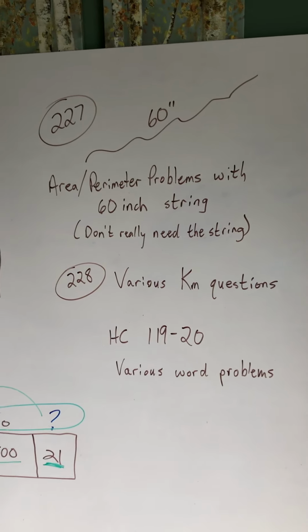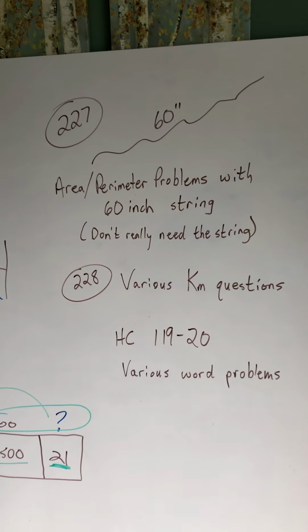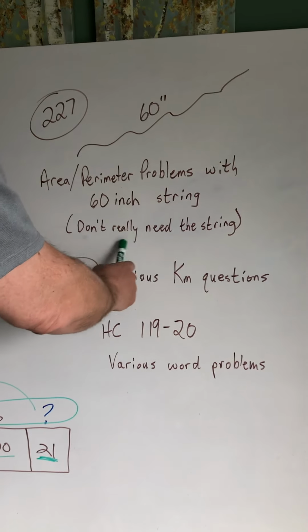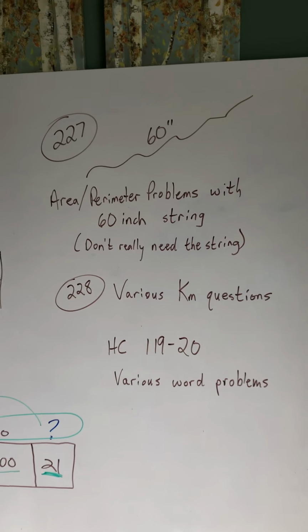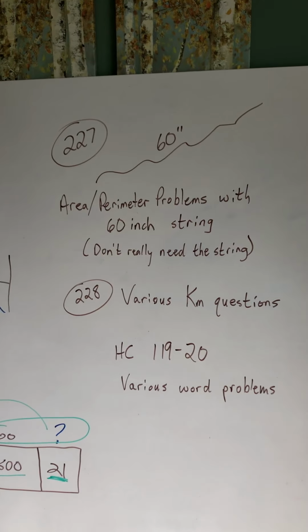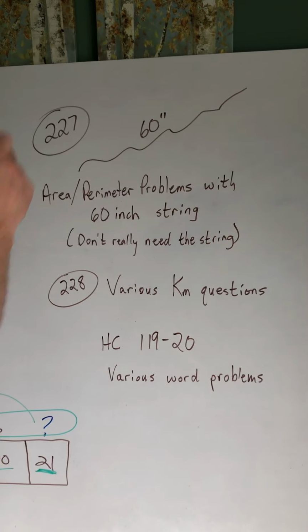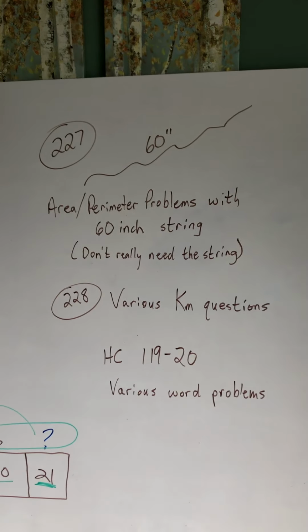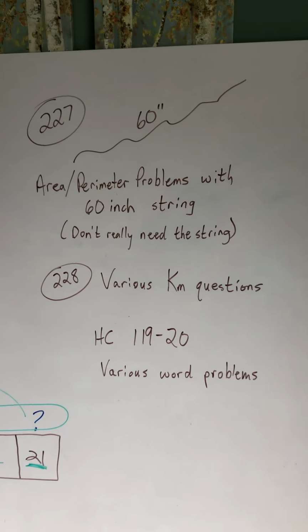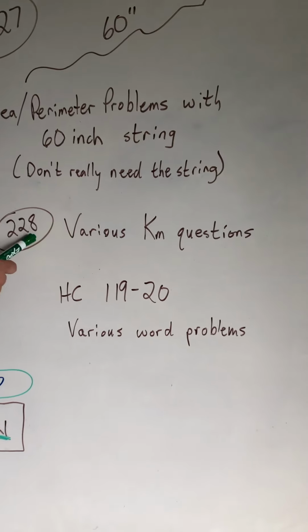It's 5 feet, okay? But all they're going to have you do is turn it into a rectangle so you have certain size. I mean, it's pretty fun, but you don't need the string. I did most of them in my head without the string, okay? Don't need it.